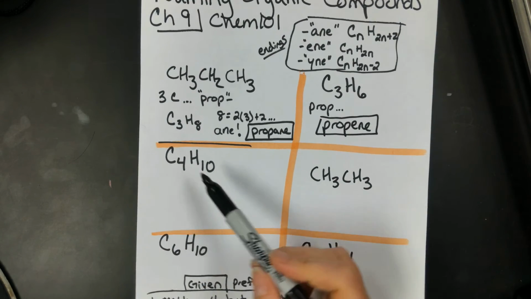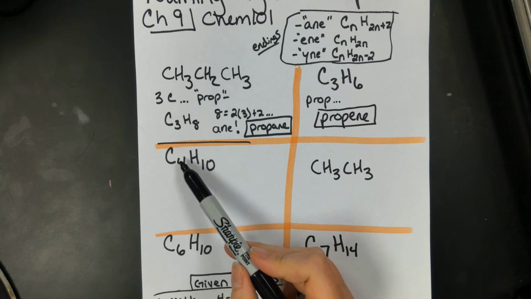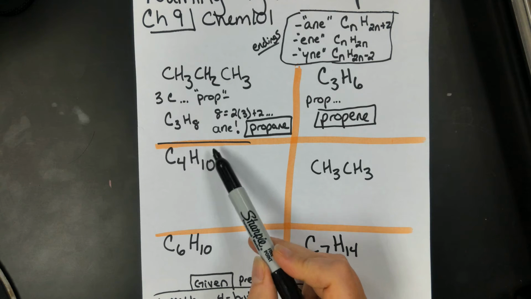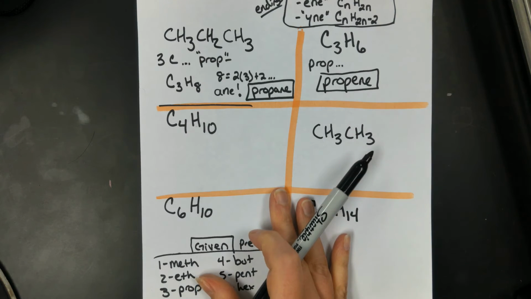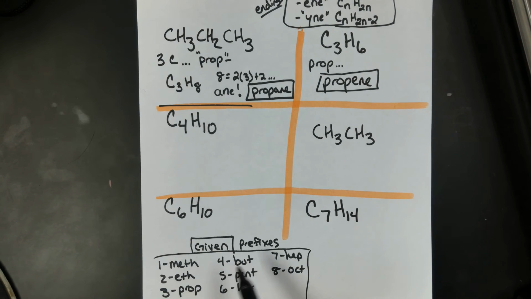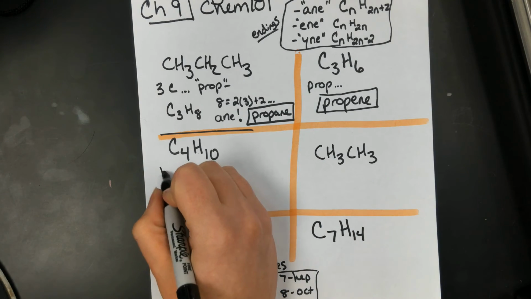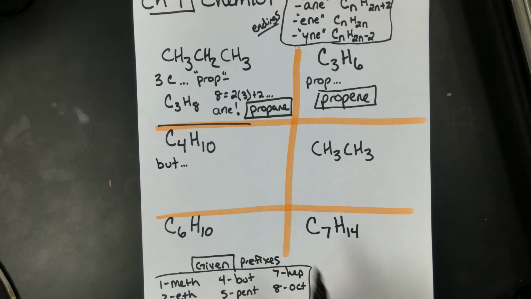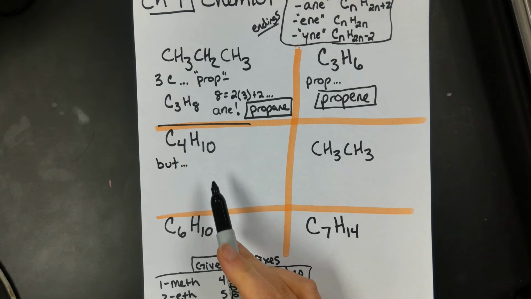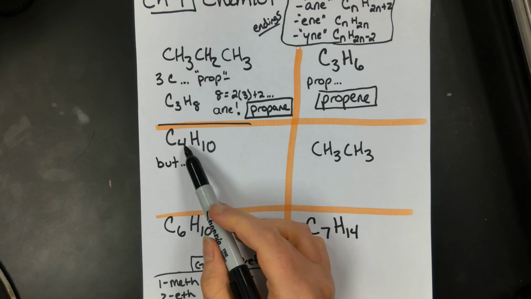Next, down here we have 4 carbons and 10 hydrogens. So this has 4 carbons, and it's but something. So it's butene, butyne, or butane. Now is it butene, butyne, or butane? Let's figure it out.